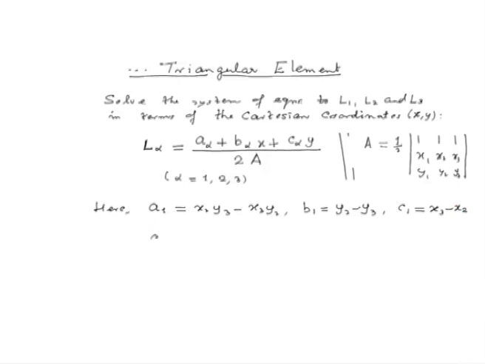Similarly, for the second coordinate, when alpha is equal to 2, we get A2 is equal to x3 y1 minus x1 y3, B2 is y3 minus y1, and C2 is x1 minus x3.